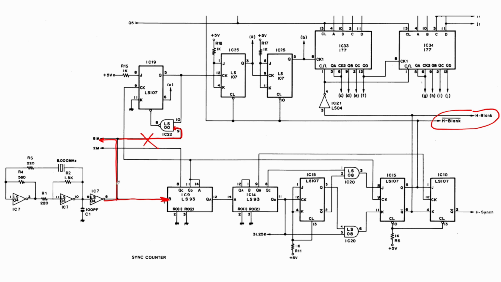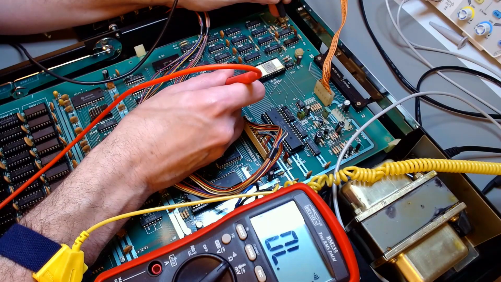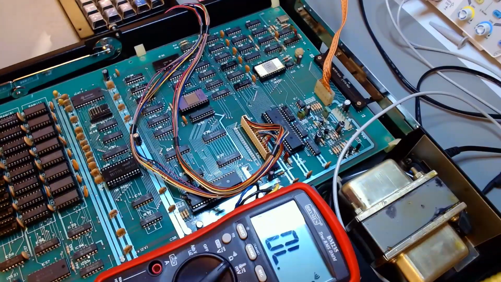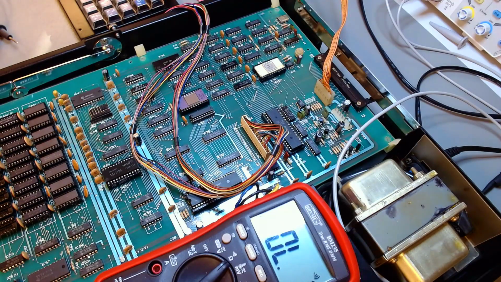So probably the line was in fact cut here, and because it was cut here, it's not getting either to the shift register or to IC22. And this one cut here probably explains both problems. There probably are traces cut because of the modifications.